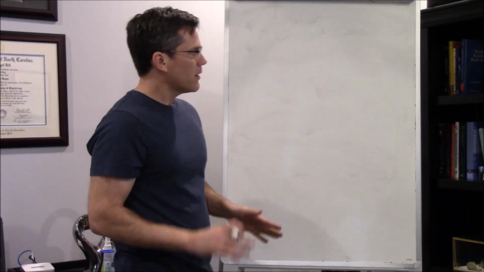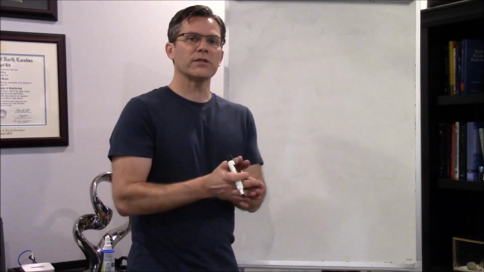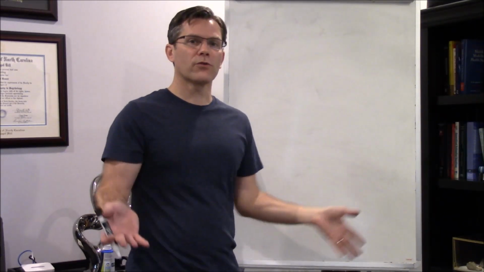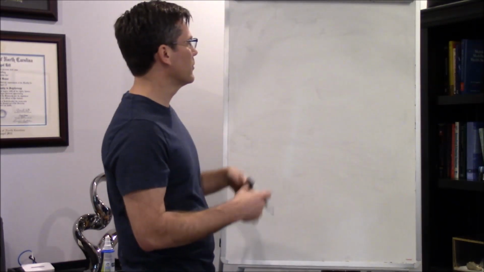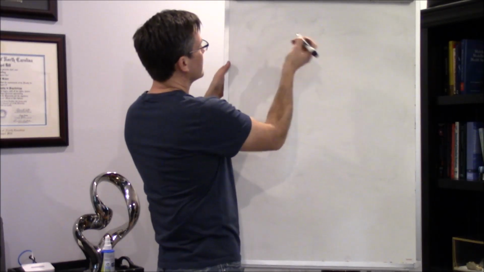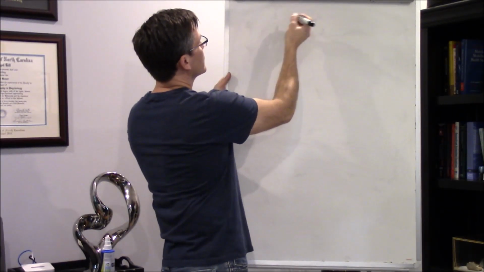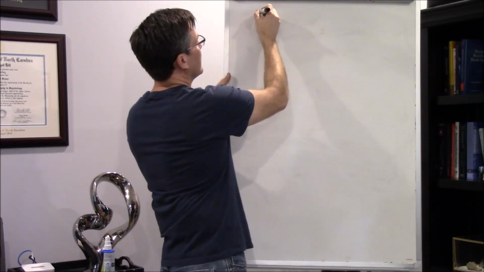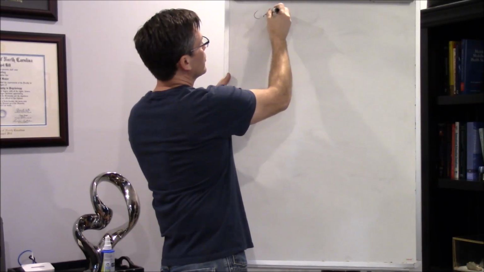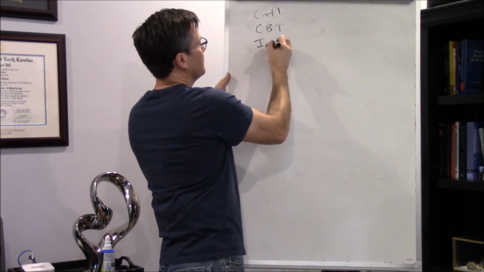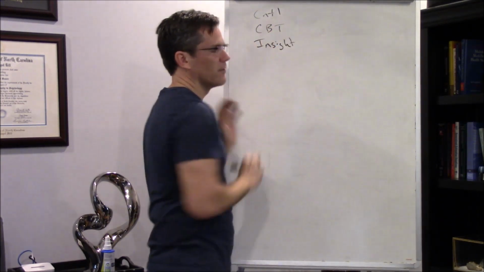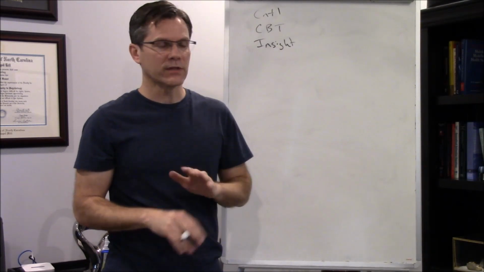So those will be our three conditions that we're interested in, and we want to know, is there an overall effect of conditions? So we've got these three levels to the condition variable. We've got control, CBT, and insight, right, the three levels of our categorical predictor that we're interested in.